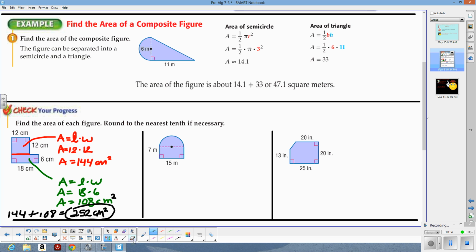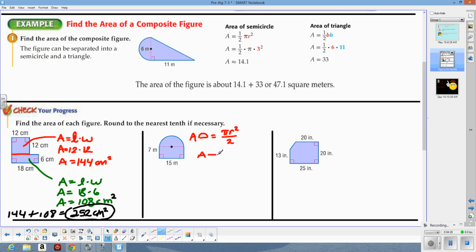Now our next figure, we have a semicircle and we have a rectangle. I'm going to go ahead and start with the semicircle. The area of the semicircle, sometimes I like to just draw a picture of what it is rather than write out that it's a circle. Area of the semicircle is equal to pi r squared divided by 2, or 1/2 times pi r squared.